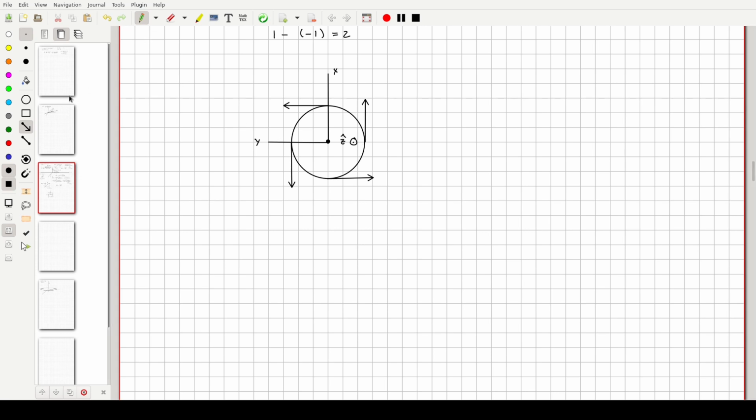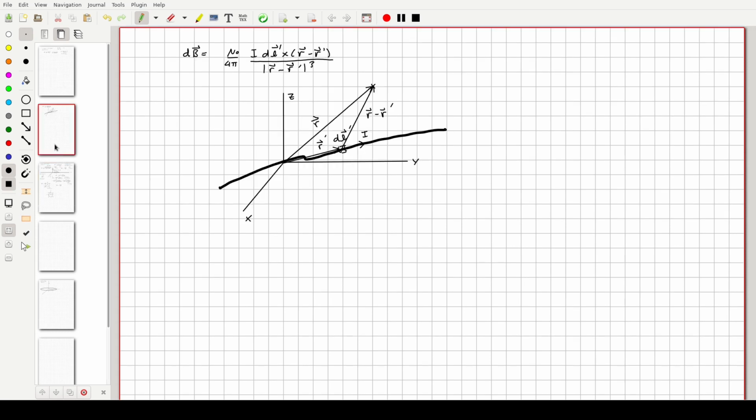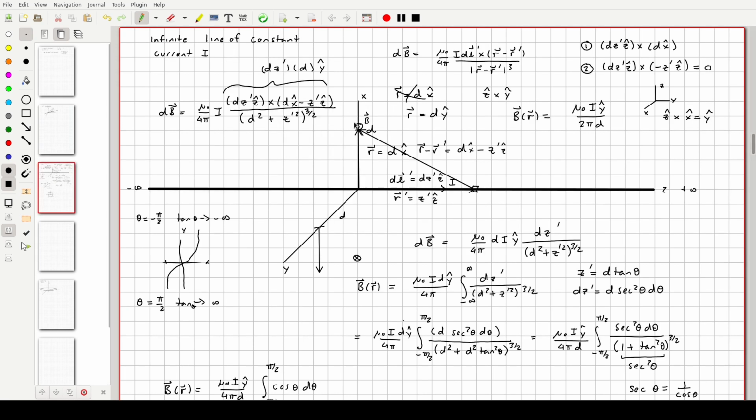So at the end of the day, what you have is a magnetic field that forms a closed loop centered on the current, and it has this direction right here. It's circular like that. Obviously we solved this one just for a point in space.